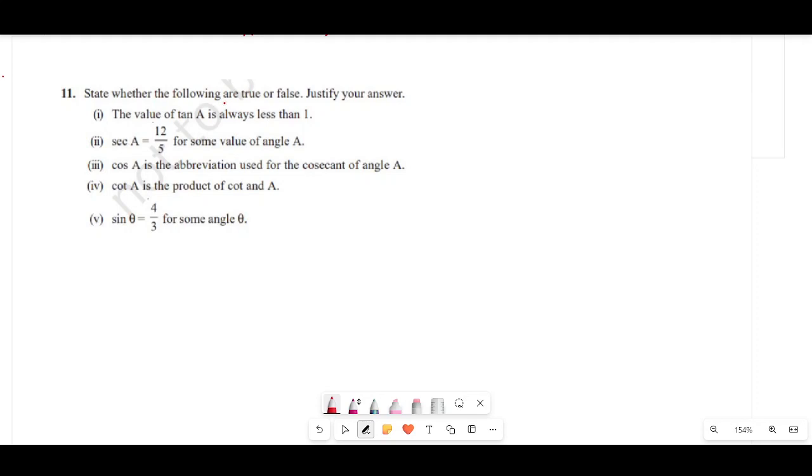State whether the following are true or false. Justify your answer. The value of tan A is always less than 1. Clear? The value of tan A is always less than 1. So don't worry. Why can we say that the value of tan A is always less than 1?